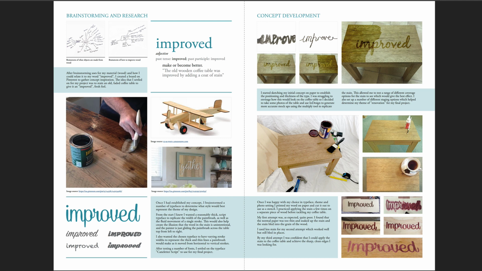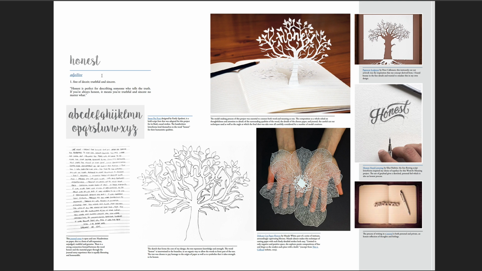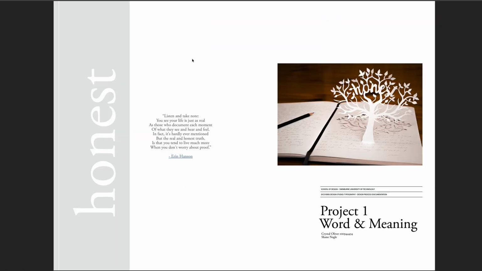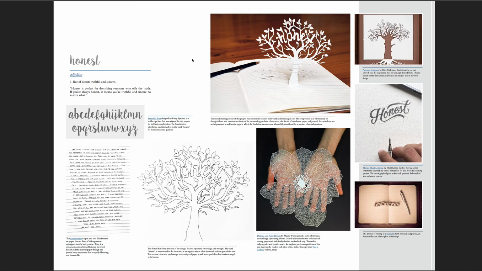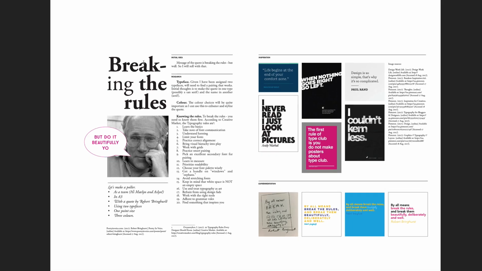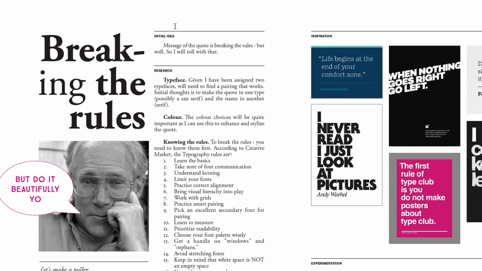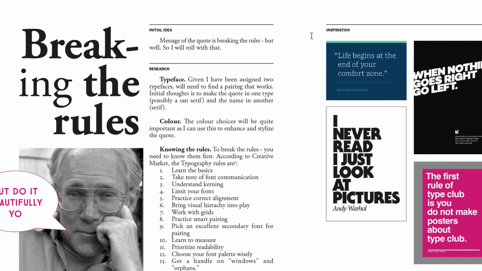Okay, if we look at this one, it doesn't have a sort of an introduction, if you like, as to what we're looking at. And I think that's a little bit lacking there. It would have been nice to have perhaps a general summary of what this was that we were looking at. This spread here is relying on the section headers, which is working pretty well. However, in this case, there's a little bit of competition from these bold words.